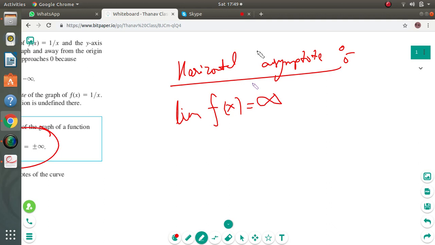No, that's the vertical. Horizontal one was f(x) equal to b.